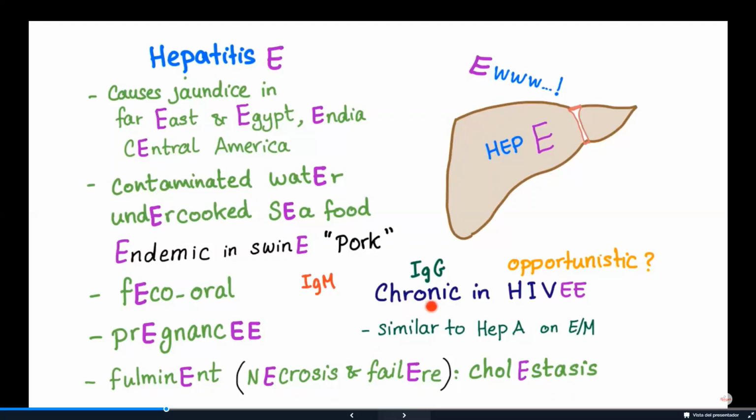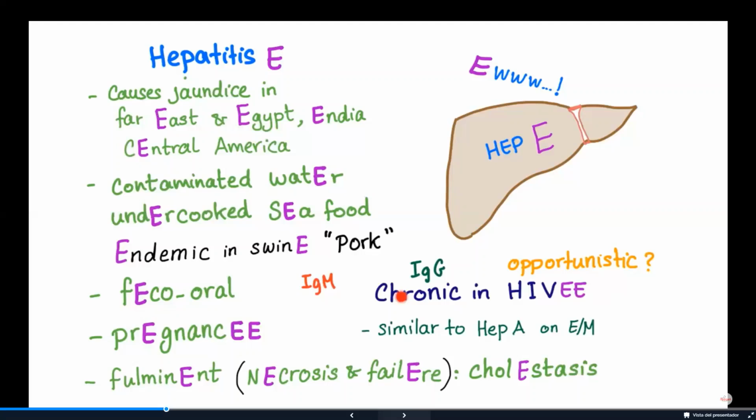However, it also can be chronic, such as in a patient with HIV or a patient with immunosuppression. Some textbooks, including Harrison's, which is my favorite book, I will link it in the description, regard Hep E as an opportunistic infection for people with HIV.